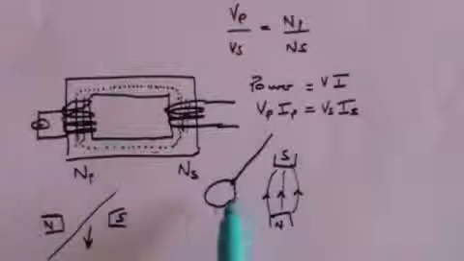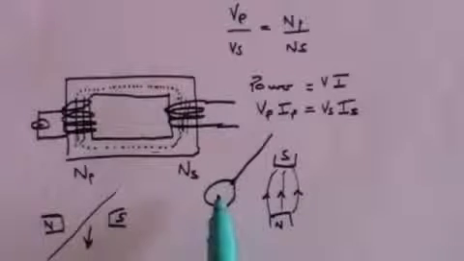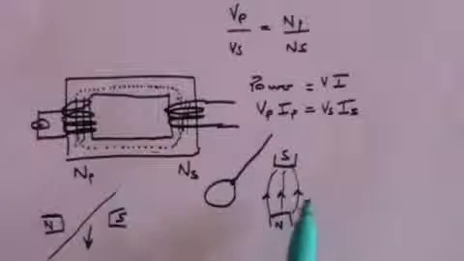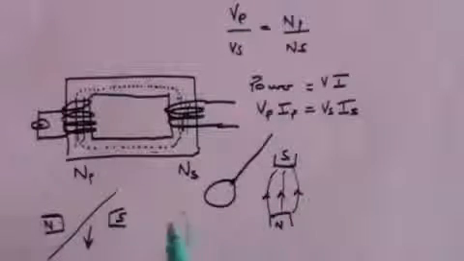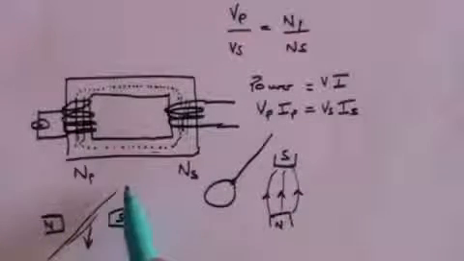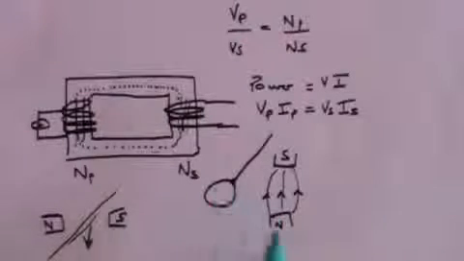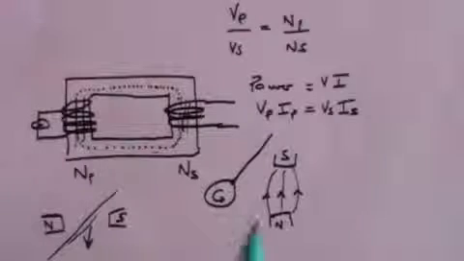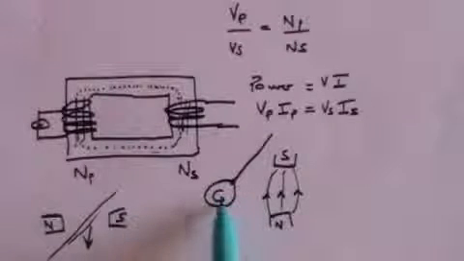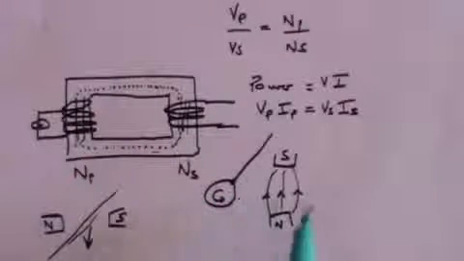Well, exactly the same thing happens here. As the metallic disc goes through the magnetic field, it will induce a current. But unlike a wire where the current flows along the wire, this is a metal disc. So what you actually get is an eddy current. A little current flows on the surface of the disc.